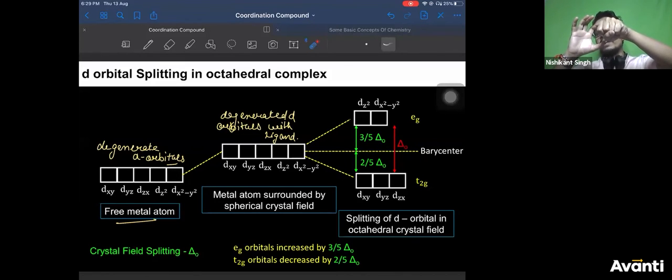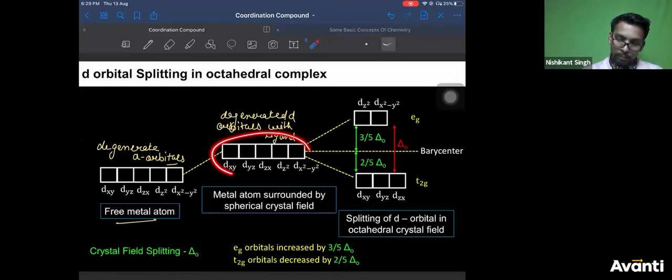Then out of these 5 d orbitals, the 2 d orbitals whose lobes are lying along the axis will increase their energy. And the 3 d orbitals whose lobes are lying between the axis will face less repulsion and decrease their energy. Correct? So out of these 5 orbitals, dz square and dx square minus y square will increase their energy because they face more repulsion.